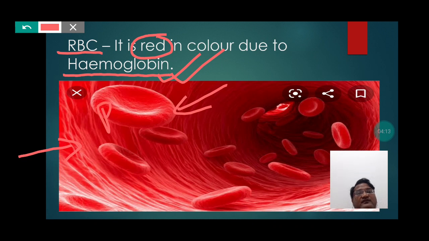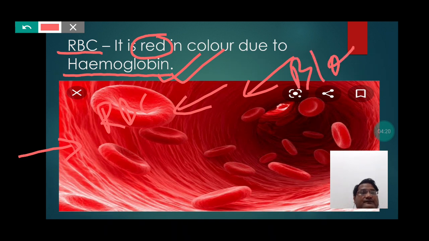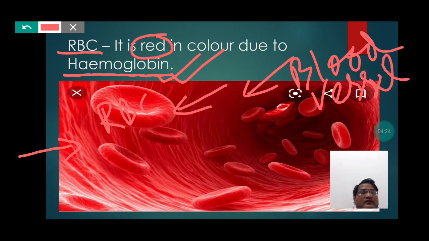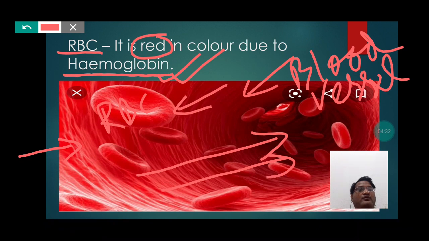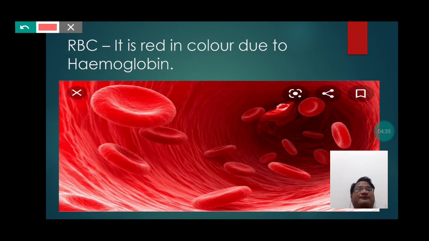This is the RBC, flowing inside the blood vessels. This tube-like structure is actually the blood vessels, and in these blood vessels you can find the flow of the RBC.